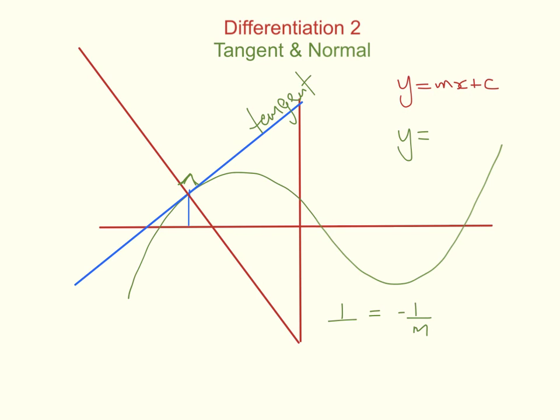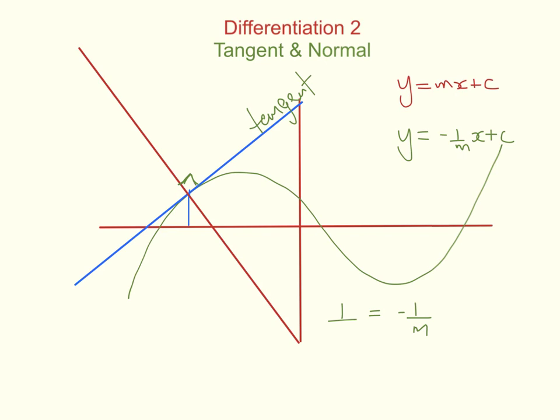So whatever the gradient is for the tangent, just reciprocate it and change the sign, and you will get the gradient of the normal. Okay, so I will just write that in here as y equals minus 1 over m x plus c, and obviously again c would be where the normal cuts the y-axis.